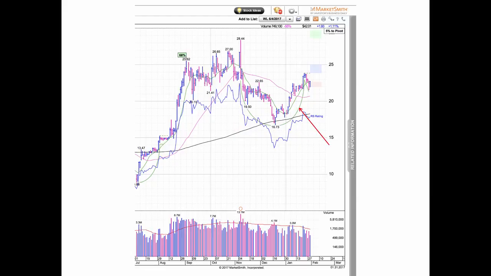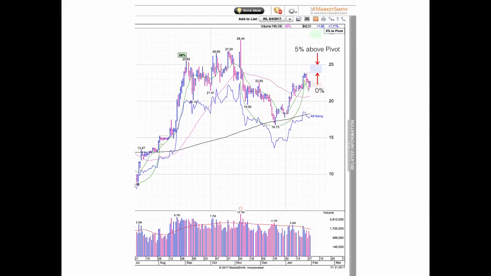MarketSmith, if you have pattern recognition, gives you the green cup with handle indicator there. It also gives you the entry and exit points, the green, blue, and pink boxes that you'll see. It tells you the pivot point. That's the ideal buy point, which is the high of that handle on the right side plus 10 cents. It also gives you the buy zone. The buy zone is from the pivot point up to 5% above.